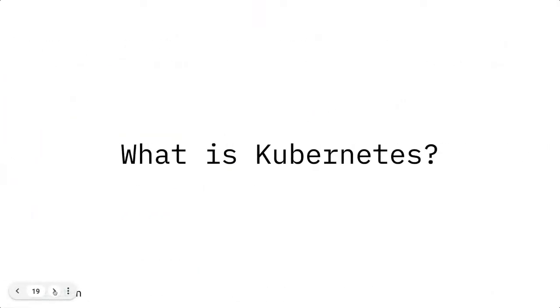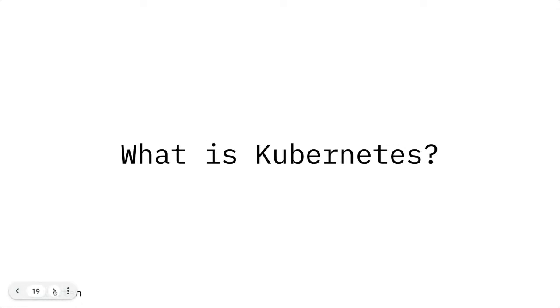And what is Kubernetes? We're going to be working with Kubernetes today. Kubernetes groups containers that make up an application into logical units for easy management and discovery. Kubernetes is also known as K8s. It's an open source system for automating deployment, scaling, and the management of containerized applications.